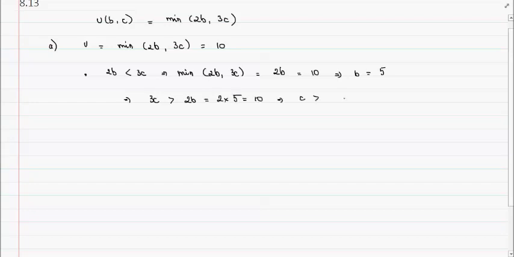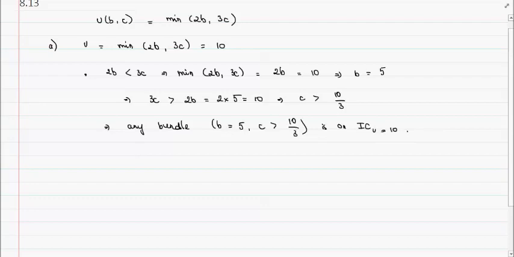So c has to be bigger than 10/3. Any bundle with b equal to 5 and c bigger than 10/3 is going to give the consumer a utility of 10, lying on the indifference curve with a utility level of 10.